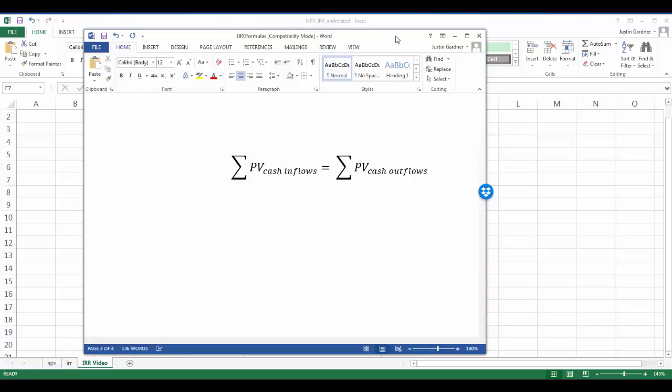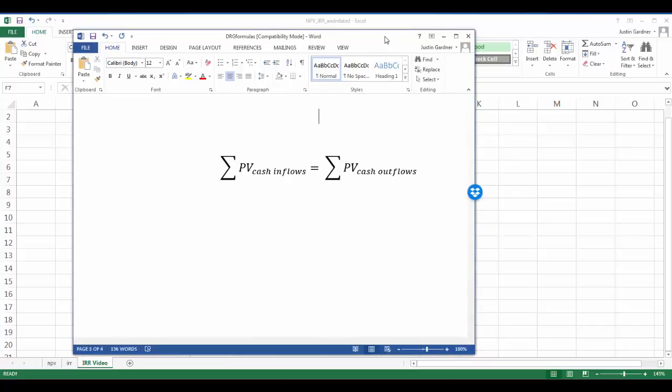Now, just so you know, there are some functions in Microsoft Excel that are designed to do this. Basically, this type of thing is too computationally difficult to do by hand.